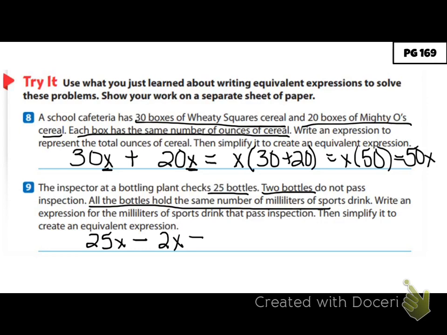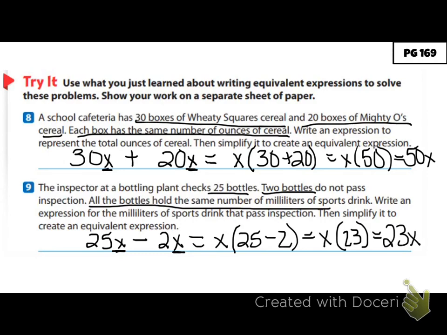Find my common factor, which is x, so I write my x. That leaves me with 25 minus 2. Now I can work my way through and simplify. So I have my x, 25 minus 2 gives me 23, and then that gives me 23x.